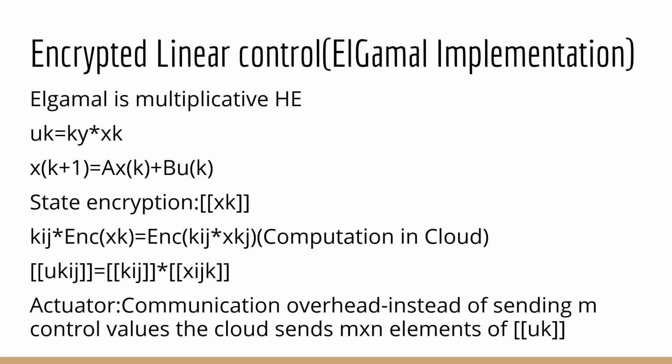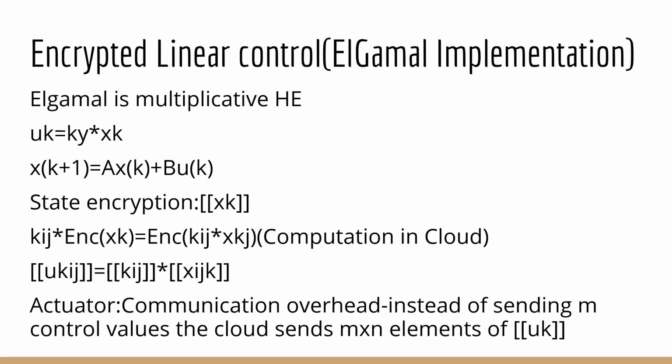We then have encrypted linear control. We first start off with what linear control is. The control law comes into the picture, which is u_k equals K times x_k, where u_k is the control input, K is the control gain matrix, and x_k is the state.